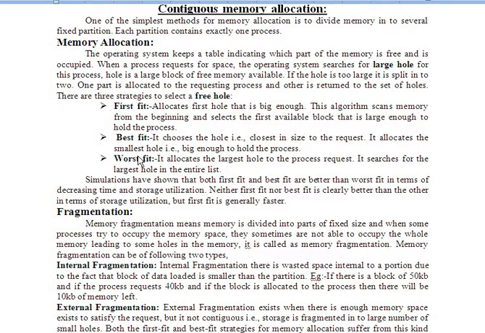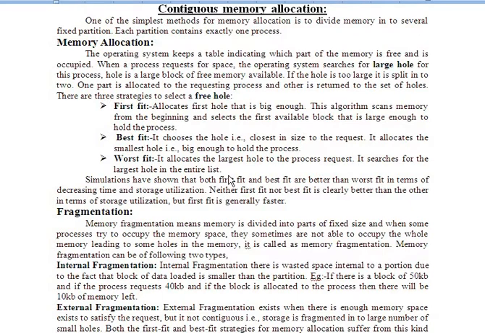Now the last one is worst fit. As the name suggests, the algorithm scans the whole memory and allocates the space which is largest in the whole memory. I repeat, it allocates the largest hole to the process request.